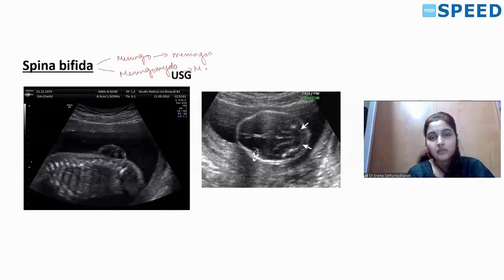Meningomyelocele is when the meninges along with the nerve bundle also protrude out. So if you can see here, this track-like structure is the baby's fetal spine, and these are the rib cages, okay? And from the spine, you can see a lump that is arising, and this is one of the features. It can be meningocele or meningomyelocele.